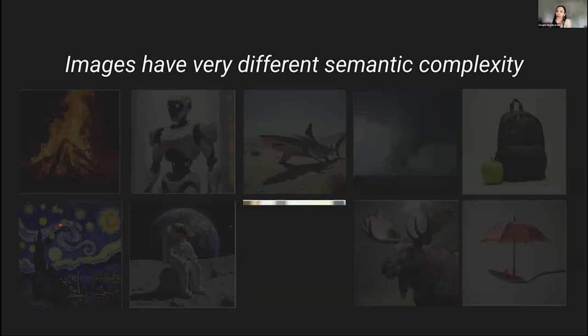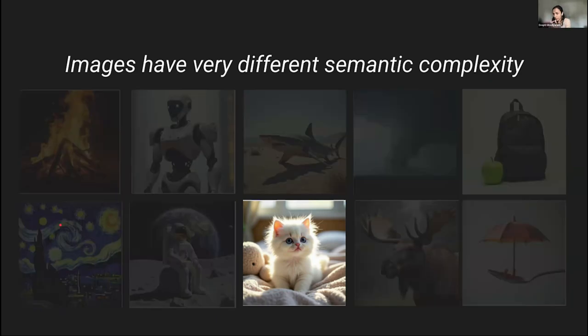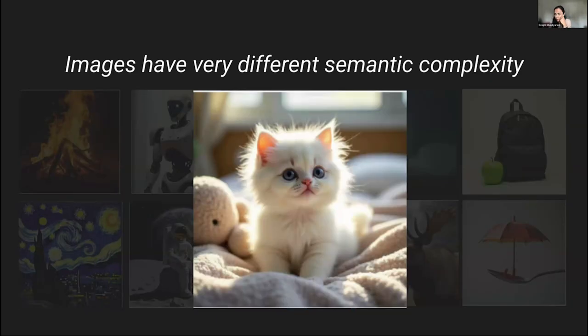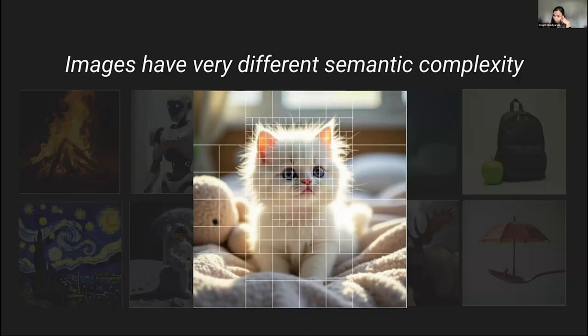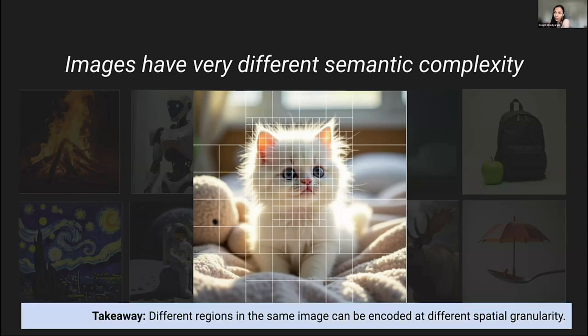So even in one particular image, this one of this kitten, you would see that there are certain regions which have high texture, especially the furry regions of the cat, and there is this bokeh effect which may not require the same amount of compute when we're talking about spatial tokens. So this could be one way we could divide this image as opposed to allocating equal budget to every image.